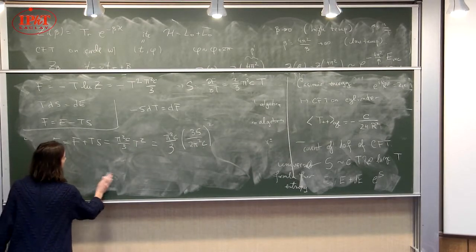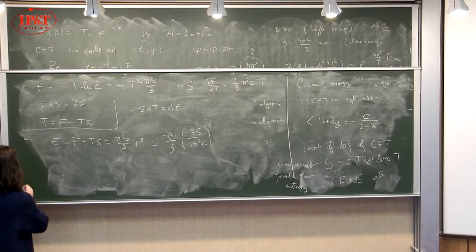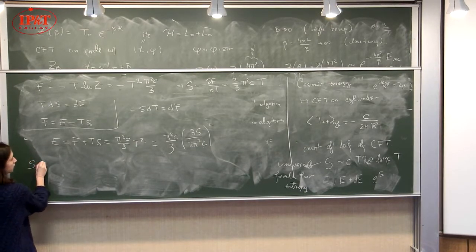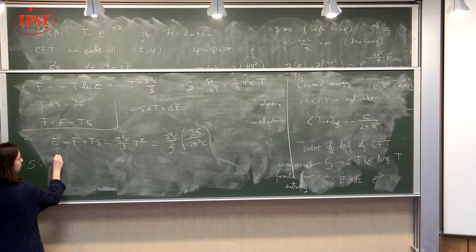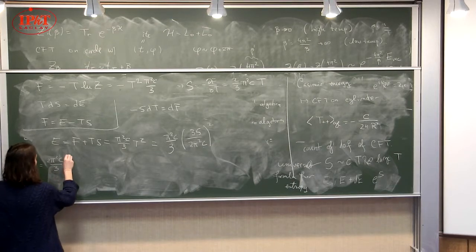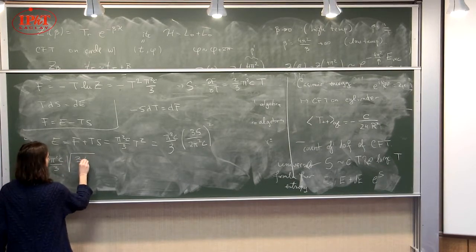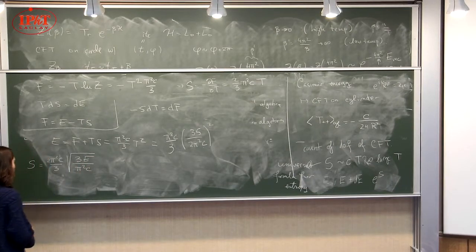And with this, I get S, which is 2 pi squared c over 3 times the square root of 3E over pi squared c.